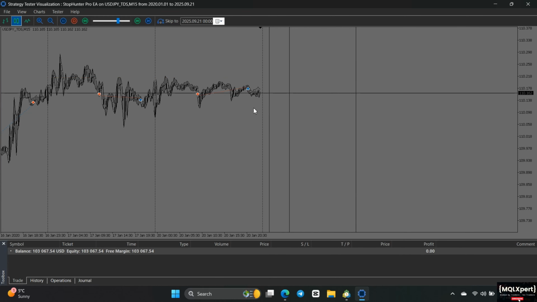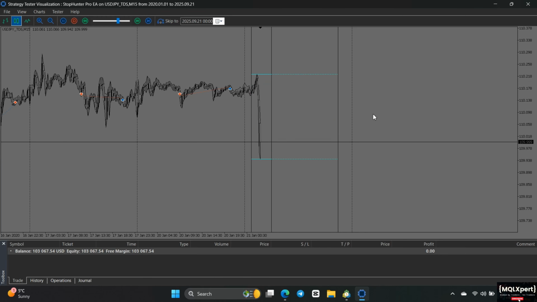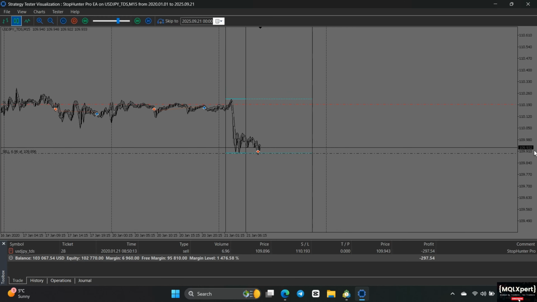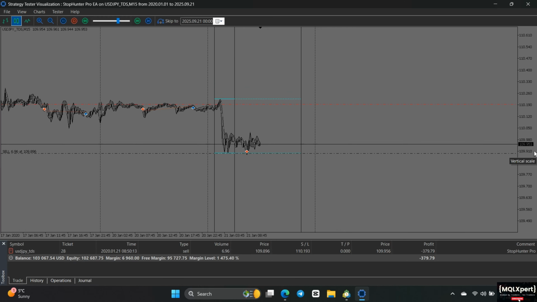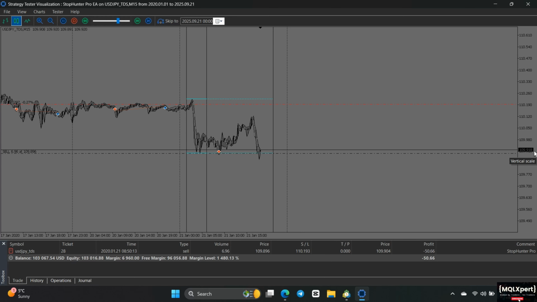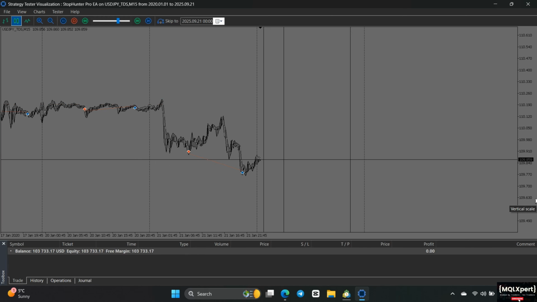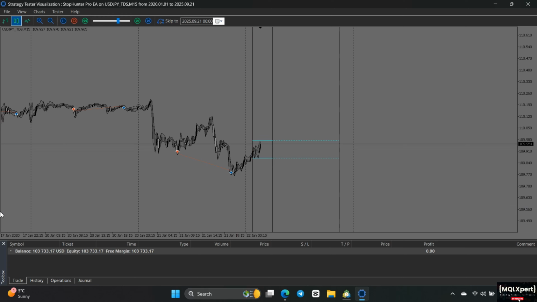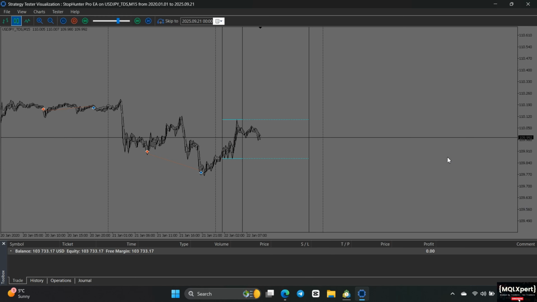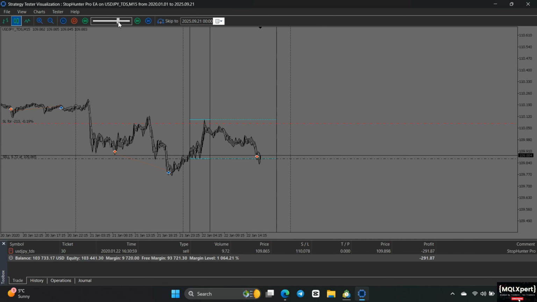The chart, sorry. So we are currently up almost 4%. Speed it up just a little bit.